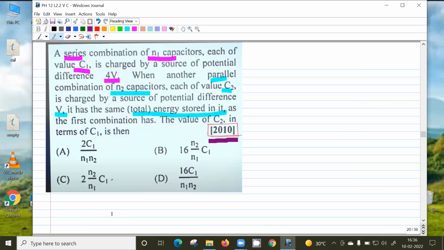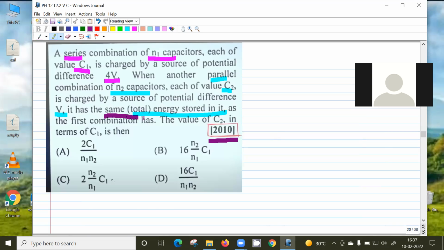I have to equate the energy only, sir. Yes, energy has to be equated because it is the same total energy. So you have to equate the energy. That will give the relation between C2 and C1.